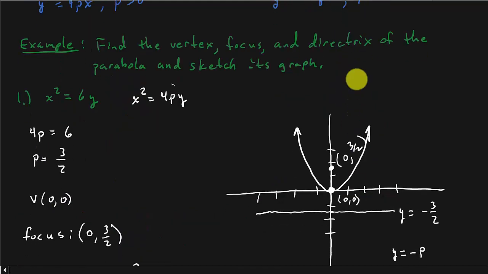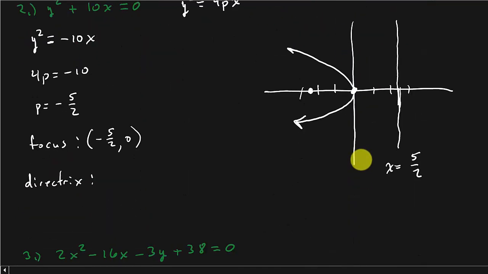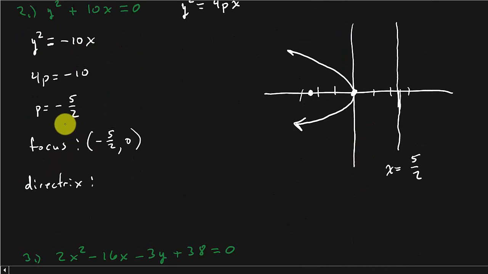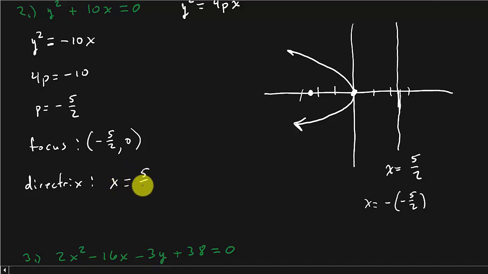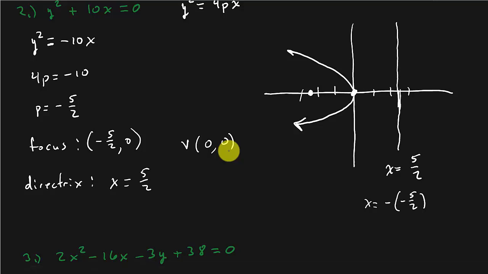We can see that p is negative 5 halves right here, so this would be x equals negative p, so negative of negative 5 halves gives us the positive 5 halves. That's nice when the vertex is 0, 0. Let's write this down: x equals 5 halves, and of course our vertex is 0, 0. All right, so real simple.